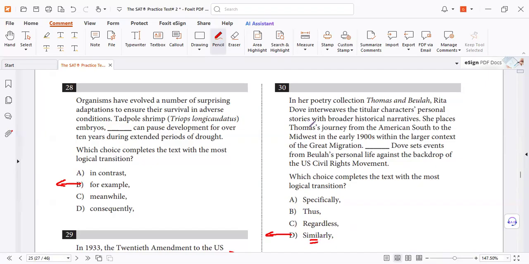Let's read it. Here, she places Tom's journey from the American South to the Midwest. And so similar, Dove sets events from this to this. Similar denotes start lines. So similarity correct. At least there is no contrast. There is no cause and effect. I'm not talking about the specific point mentioned there. It's different. So no.